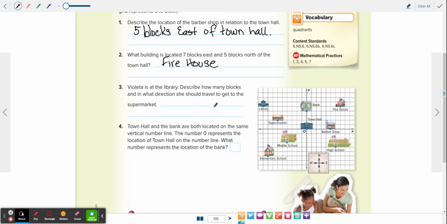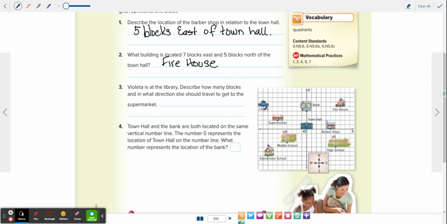And then number 3, Violetta is at the library. Describe how many blocks and in what direction she would travel to get to the supermarket. Okay, so she's here at the library right now. We want to know how many blocks and in what direction to get to the supermarket. Now, there's 2 different ways she could go here. She could go south and then east, or she could go east and then south, whichever way is easier. So I'll give you both answers.